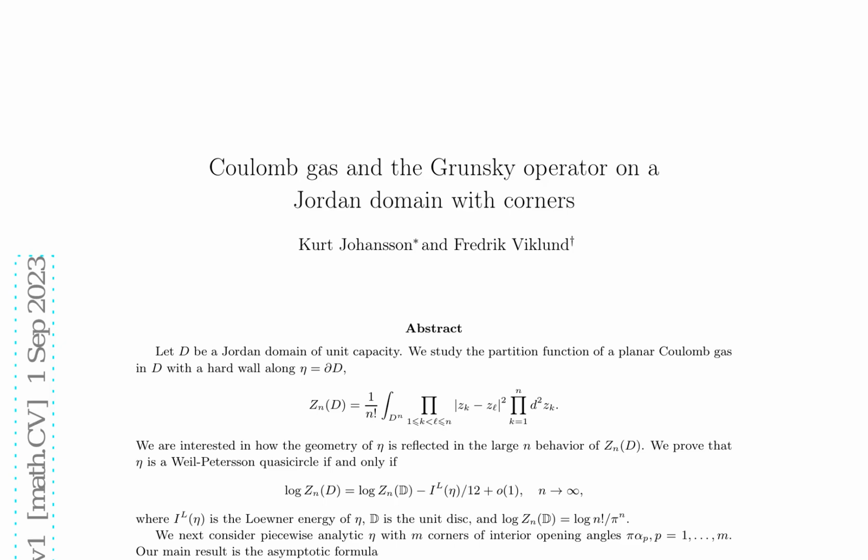We present the proofs of Theorem 1.3, Theorem 1.4, and Theorem 1.6, relying on certain basic propositions. We begin by introducing a Jordan domain D and its associated Grunsky operator B on L squared, Z+, with elements defined by equation 1.4. We also recall the expression for K_p, U, V, in terms of gamma p, given by equation 1.16.